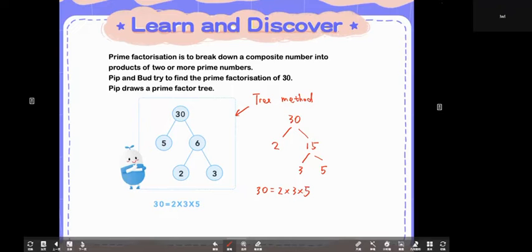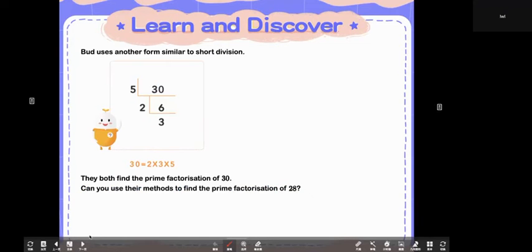And the next is another method we use to do prime factorization, and we call this the short division method. What is the short division method? It is very similar to short division in our normal calculation, but used in prime factorization.